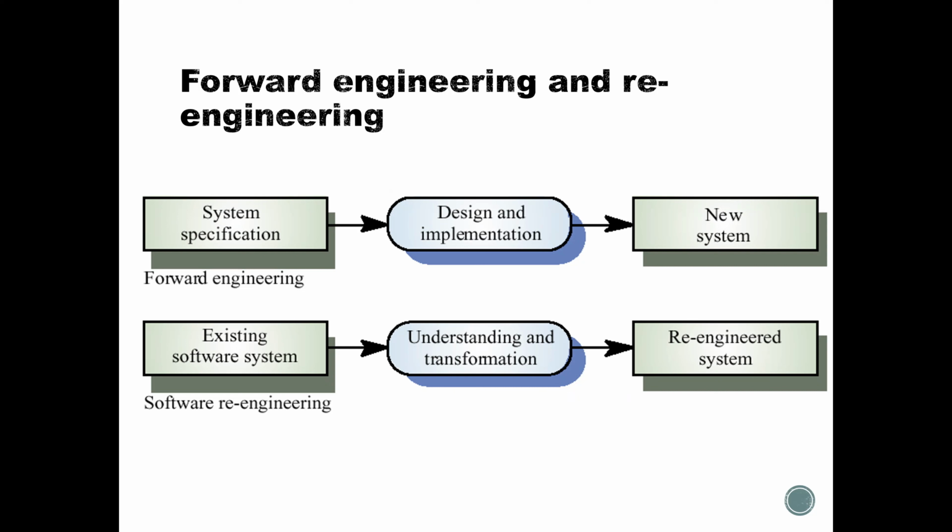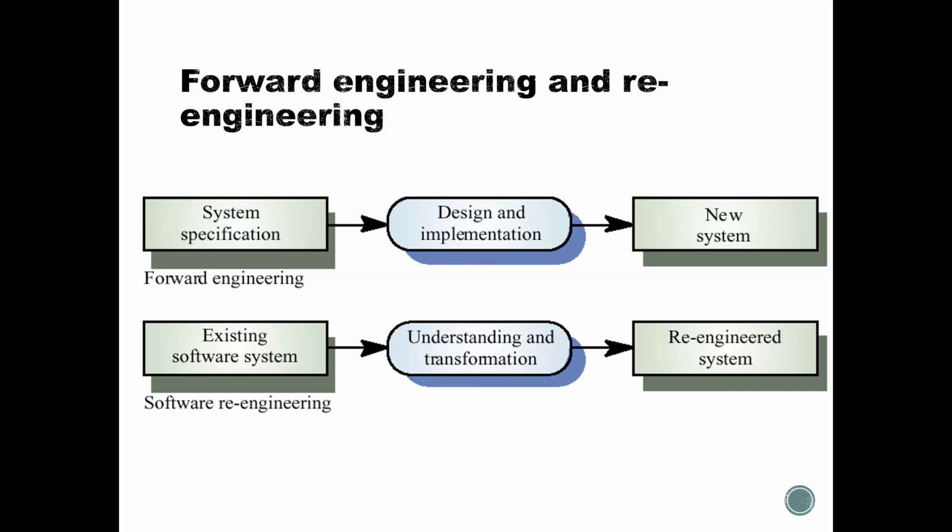However, when we talk about software re-engineering, we don't start from requirement gathering phase. Rather, we start from an existing software from which we try to understand what exactly were the different design approaches used to design this particular software, and how the implementation was done. So the basic idea is we try to understand, and then we transform that information in such a way that it can be used to perform the re-engineering task. And based on this re-engineering, we can deliver a new functionality of the product.